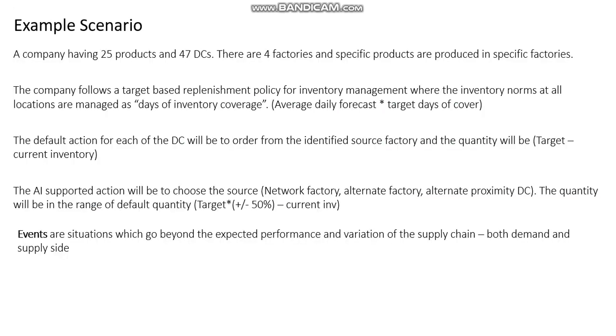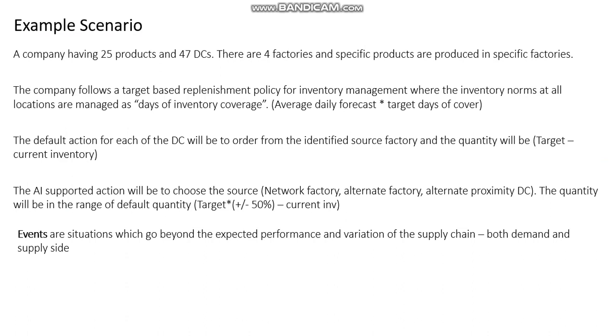So with this, let's go to an example scenario and a demo of the solution. Here we have taken a small prototype network, part of a project, to show how the solution works. Consider a supply chain having 25 products, 47 DCs and 4 factories. It follows a typical policy that there is a standard days of cover of the product and the current days of cover.